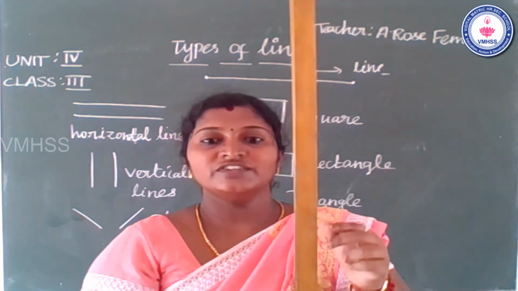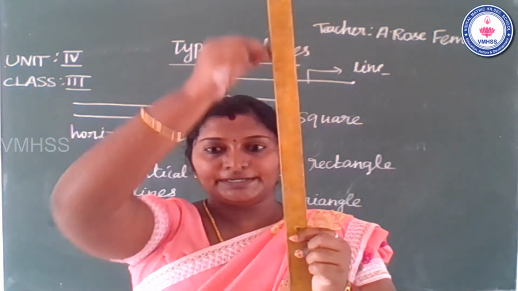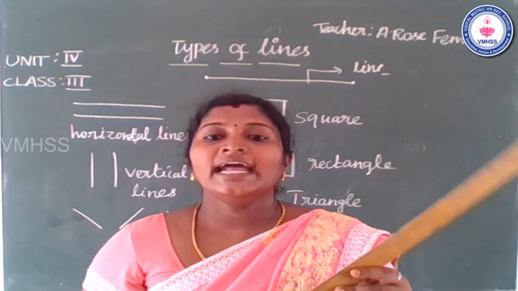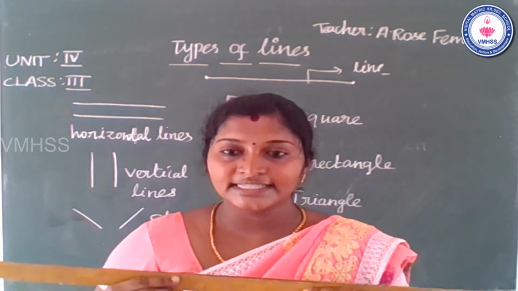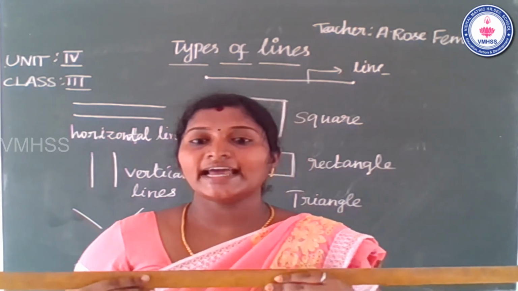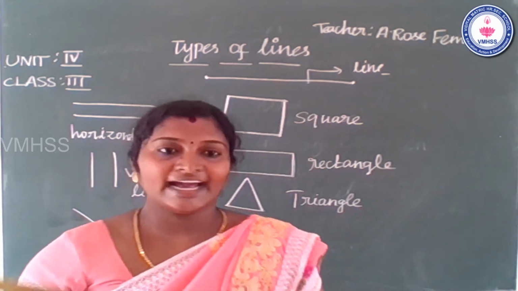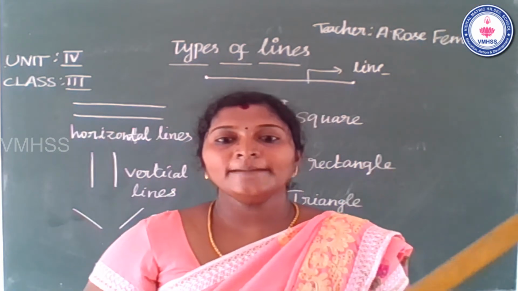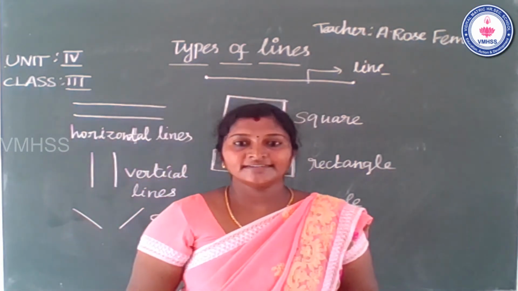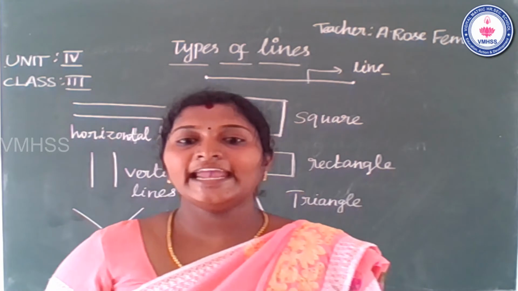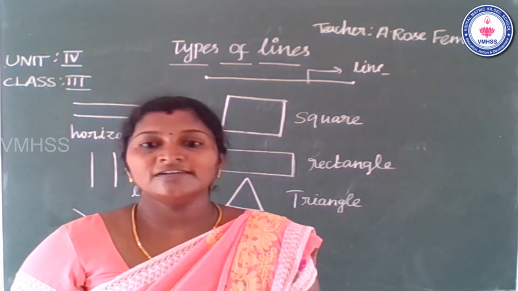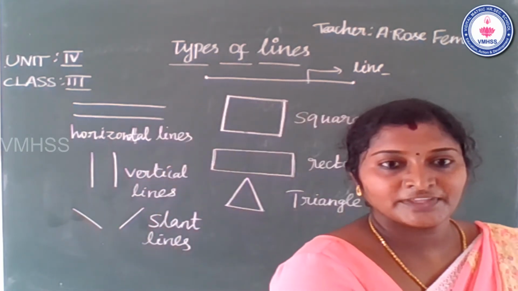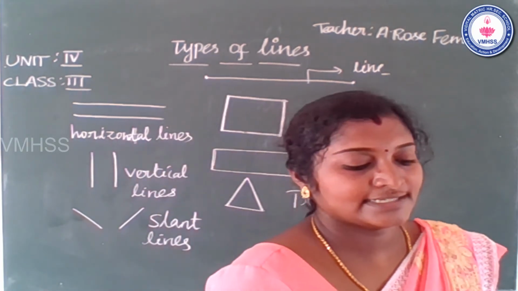Diagonal lines are lines that strike in any direction except vertical or horizontal. Do you understand? Yes.